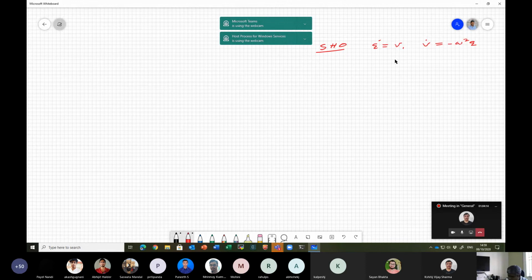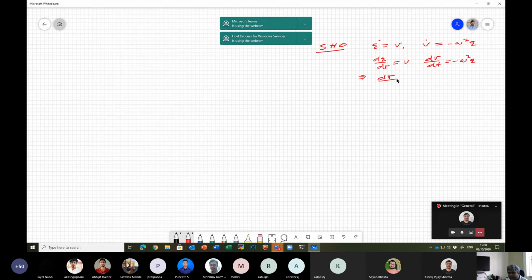This is like an undamped simple harmonic oscillator, right? So these are time derivatives, so we can write dq/dt, which is nothing but the velocity v, and dv/dt is equal to minus omega square times q. Now if you divide these two equations by each other, what will you get?